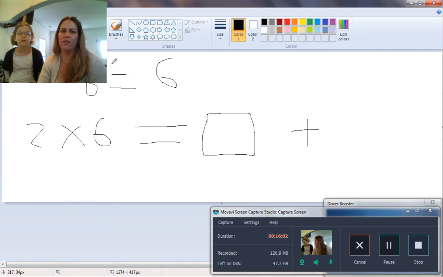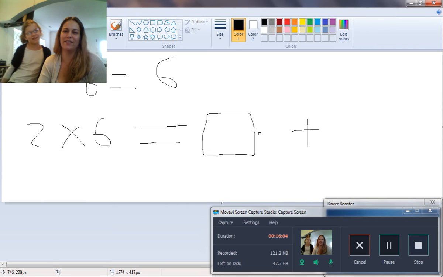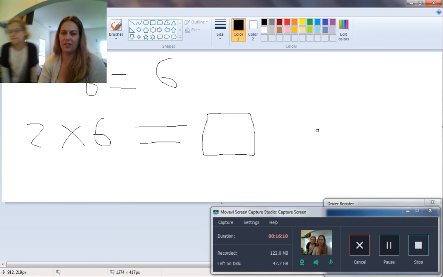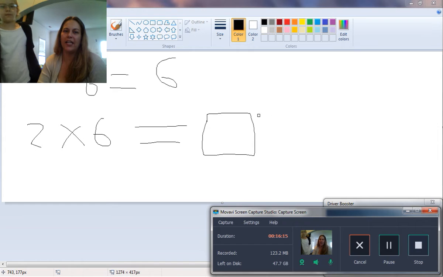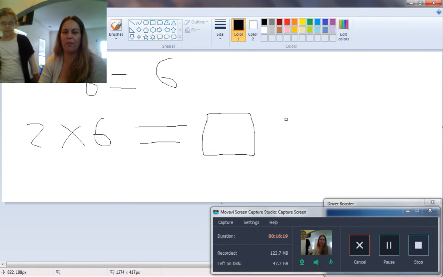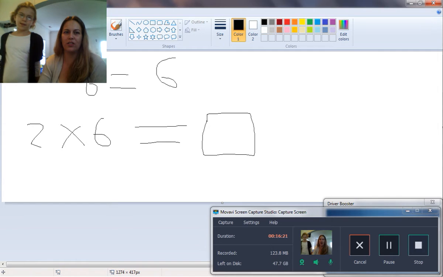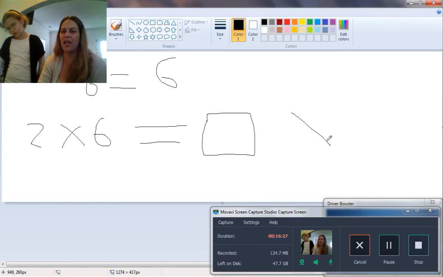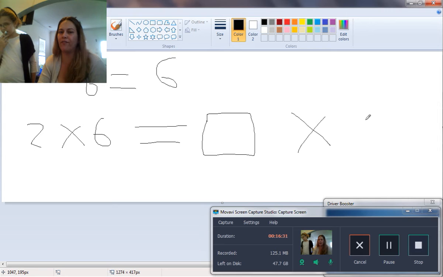Okay, we kind of messed up a little bit, but that's okay. People make mistakes. So our square is our empty answer because we have not yet figured it out.